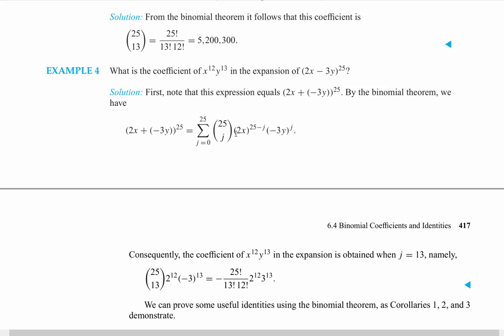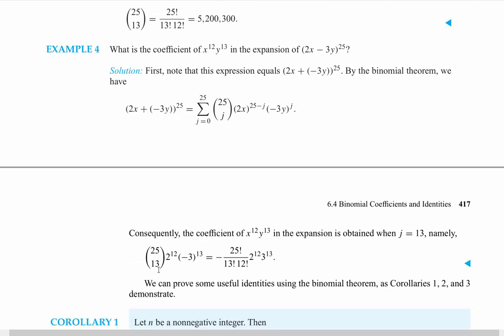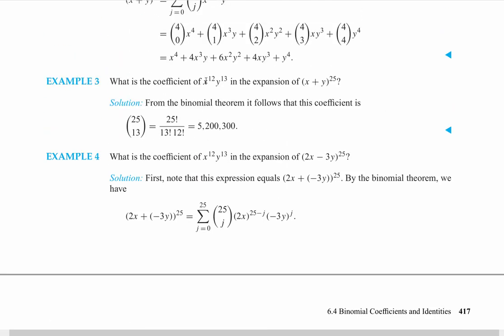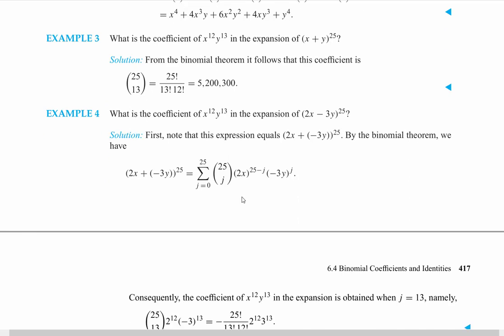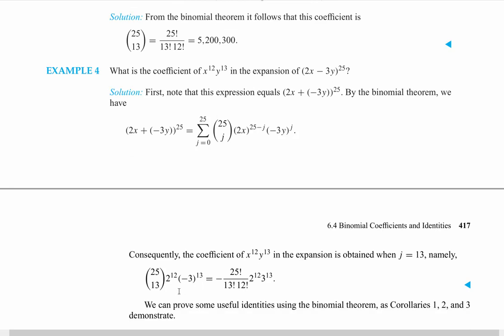Actually, it doesn't matter if we choose 12 or 13. But this time, instead of x, we have 2x, so we're going to get a 2 to the power 12.